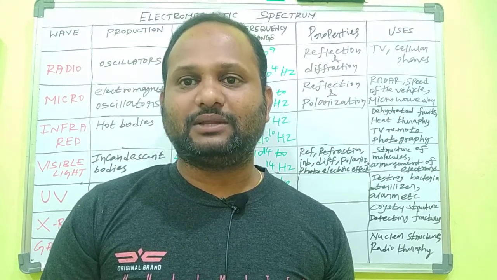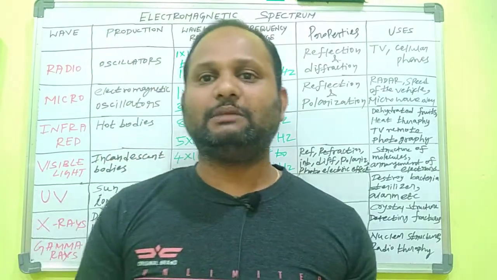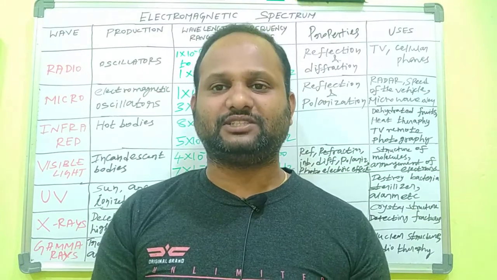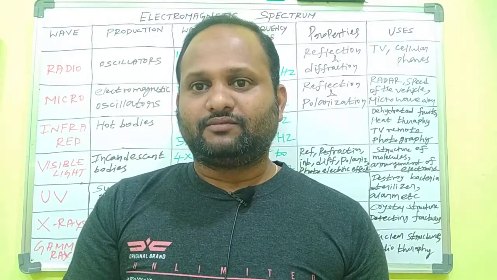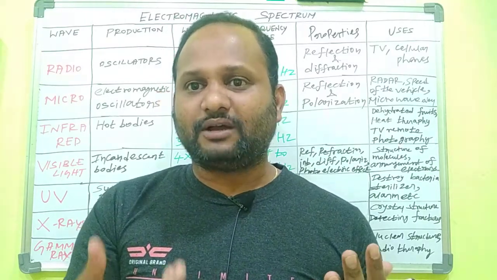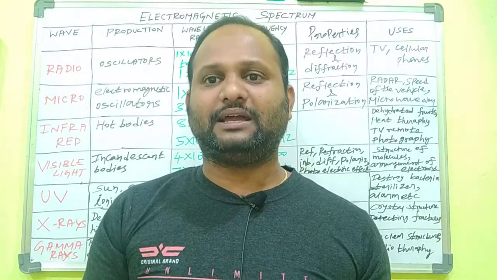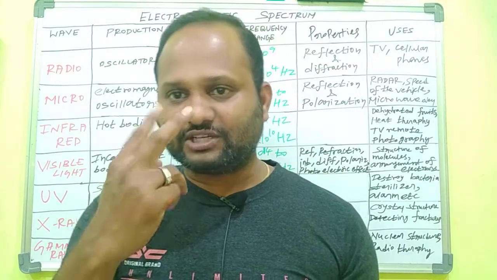We can study the structure with the help of visible light. Another most important application is the sensation of our eyes. We can see anything with the help of eyes and light, that is visible light. If there is no visible light, we can't see anything. So visible light's important application is the sensation of our eyes.